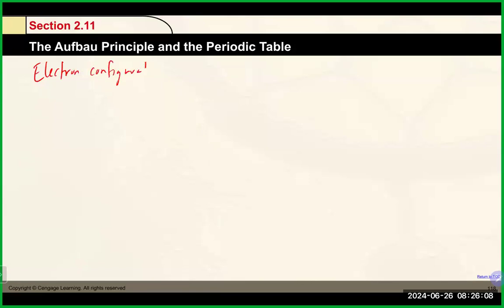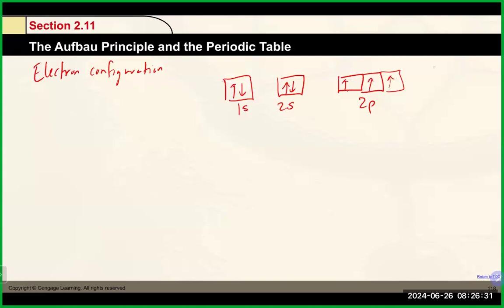how to write proper electron configuration, how to do orbital diagrams, which are our boxes that represent the different orbitals where we put our electrons. Remember again, as we have a subshell that has multiple orbitals, like a 2p, that they do fill based on Hund's rule, going upwards first, and then come back and pair up the spins.